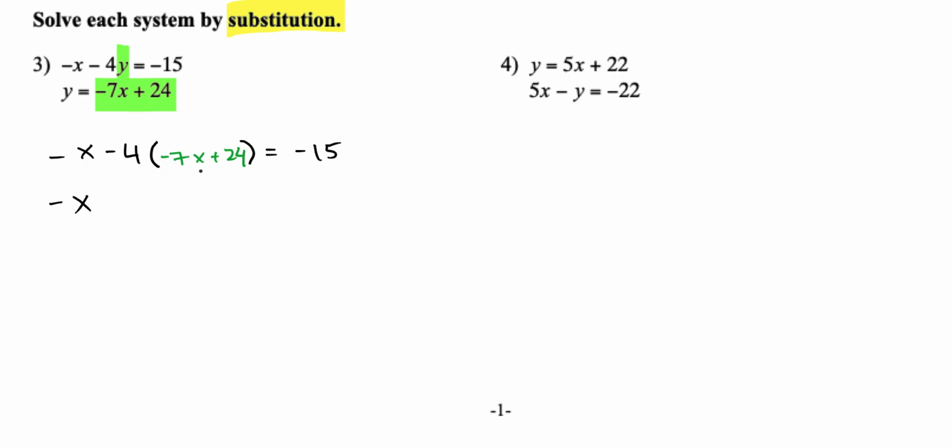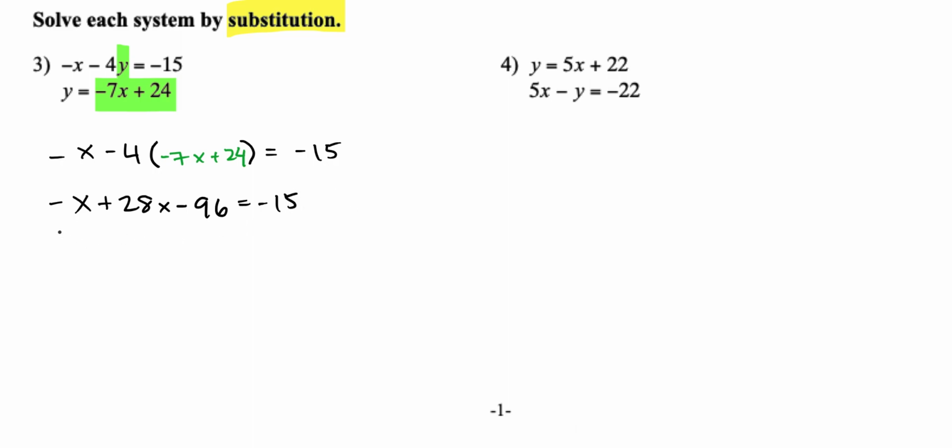Negative times negative is positive, so I'm going to have plus 4 times 7 is 28x, and then negative 4 times positive 24 gives me positive, oh, let me do that again. 4 times 24 is equal to 96, and that whole thing is equal to negative 15.